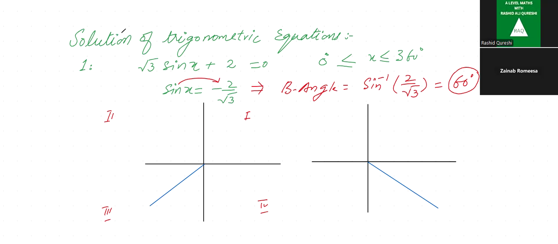But out of these two angles, one is acute and the second is obtuse. So we will ignore the obtuse angle in this case, because the basic angle is always acute. So we have to consider this angle, and this angle is 60 degrees. Similarly, I make the basic angle in the fourth quadrant, and this angle is again 60 degrees.